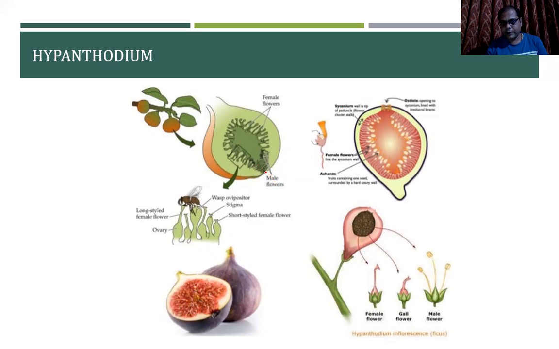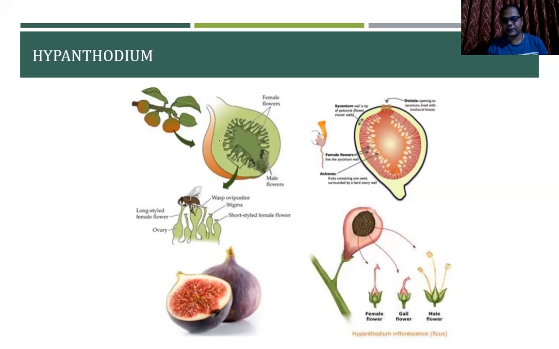Through the ostiole the insect enters and collects the pollen from the male flowers that are towards the opening, the ostiole. Then the fly goes towards the inside and pollinates the female flowers. In the majority of cases, the wasp dies here, because it is not able to come out of the entire inflorescence.